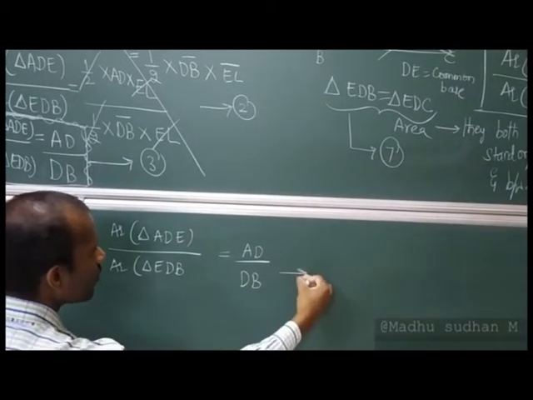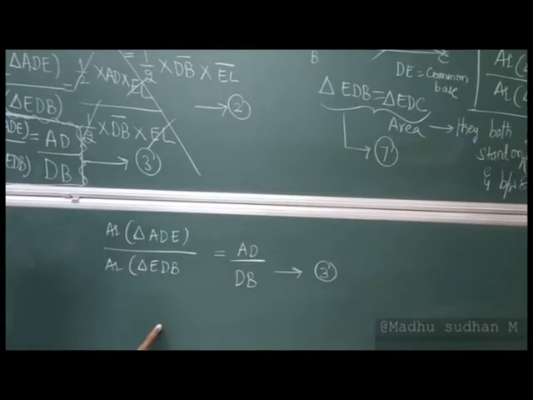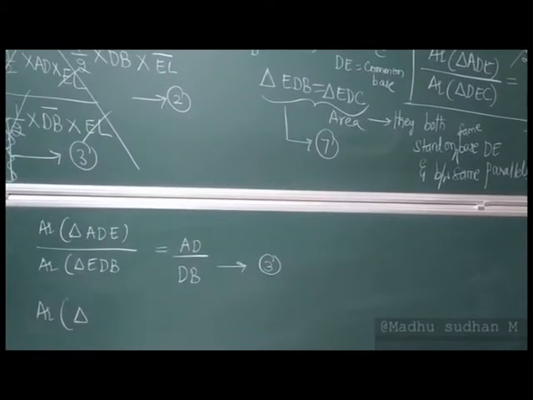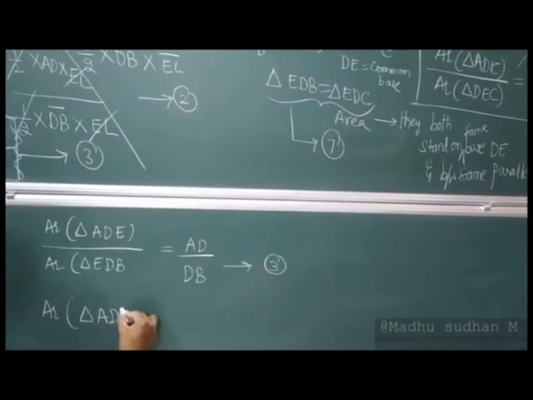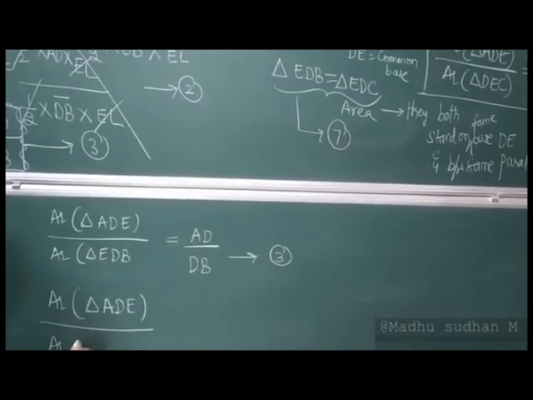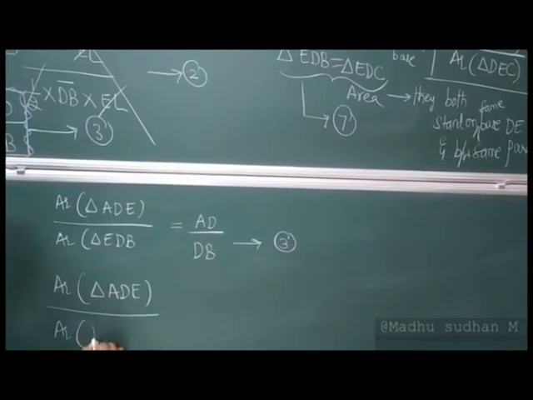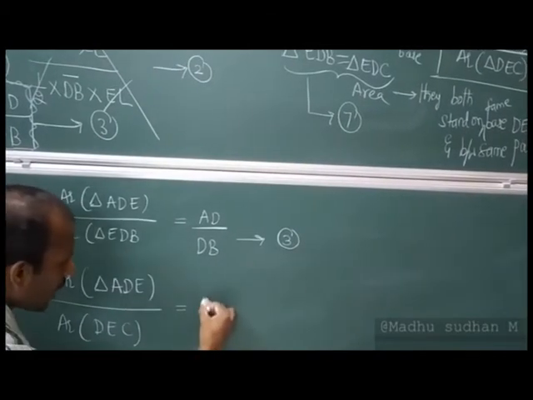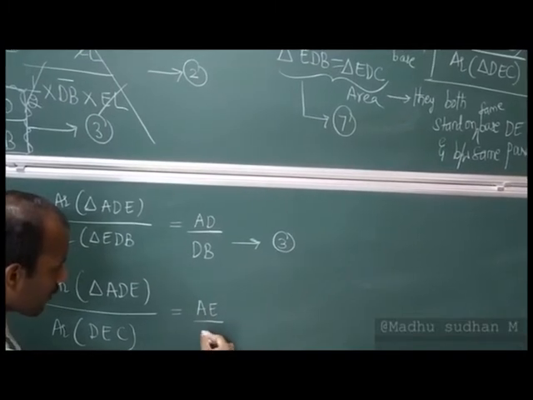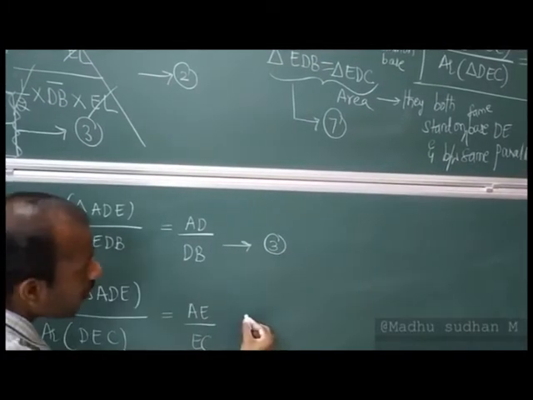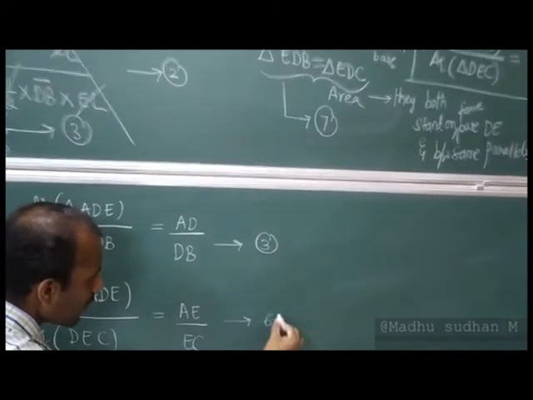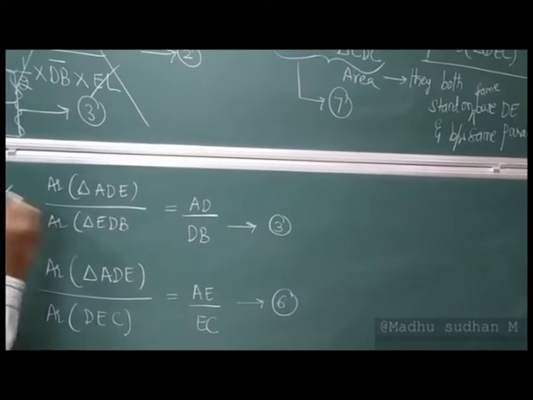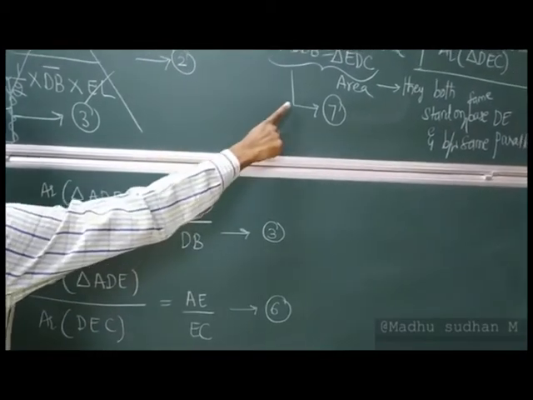So this was my equation number 3 here. So what is my equation number 6? Area of triangle ADE by area of triangle DEC, which is equal to AE by EC. So hope I have not made any mistake here. So this is my equation number 6. See, when you observe these two, equation 3 and equation 6 and equation 7 here.